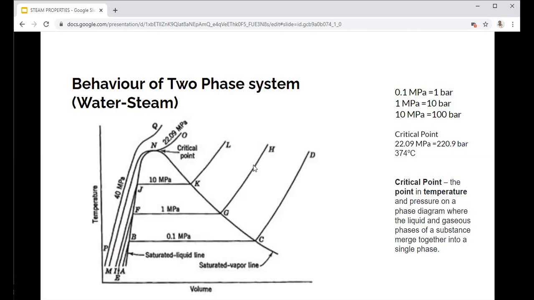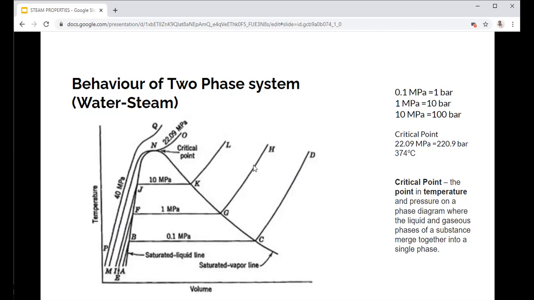With this understanding, and by knowing that the state is saturated liquid, we need to refer to the properties from the steam table as hf, vf, and sf for the specific enthalpy, specific volume, and specific entropy. If it is dry saturated steam, from the steam table we need to look for hg, the specific enthalpy of dry saturated steam, vg, the specific volume, and sg, the specific entropy of dry saturated steam.